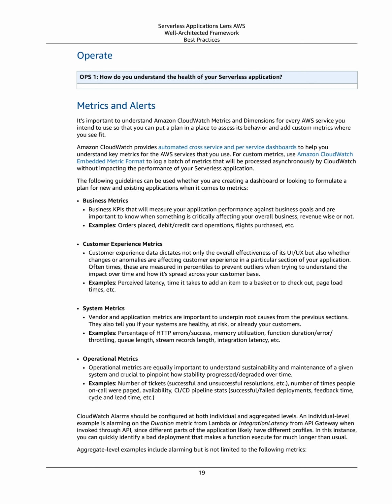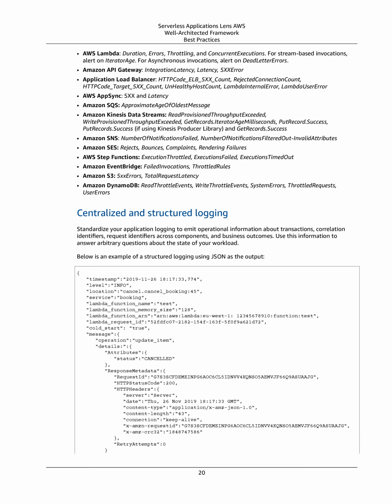Aggregate level examples include alarming, but are not limited to, the following metrics. AWS Lambda: duration, errors, throttling, and concurrent executions. For stream-based invocations, alert on iterator age. For asynchronous invocations, alert on dead letter errors. Amazon API Gateway: integration latency, 5xx error.